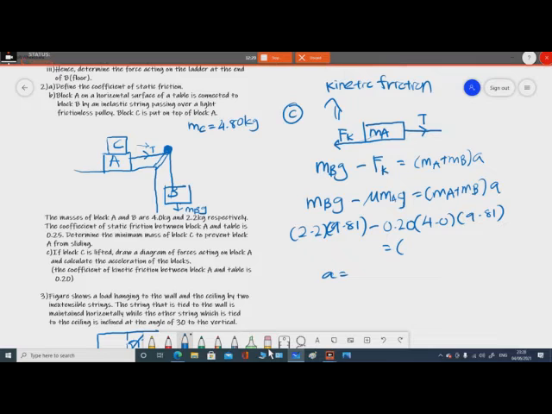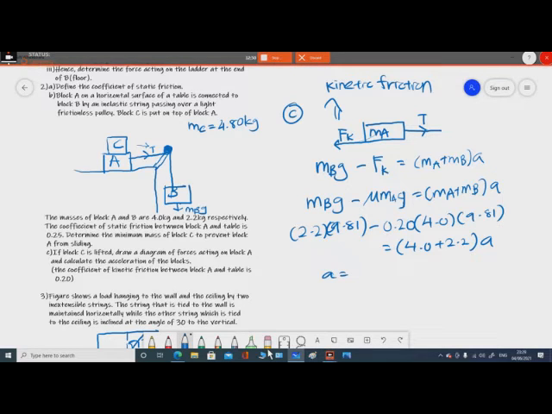So this is MA, which should be 4.0 plus 2.2. So this is A. Okay, let me calculate it again. 0.2 times 4.0 times 9.81, divided by 4 plus 2.2.